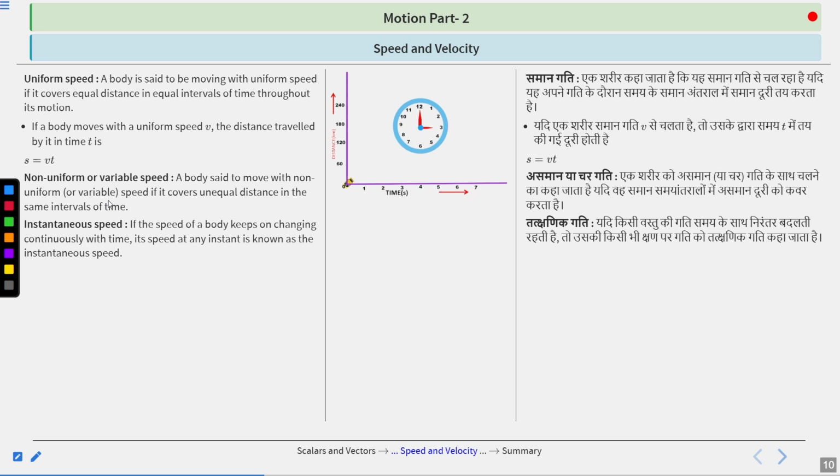For example, when the body started traveling, it was covering 20 meters in 1 minute, then 30 meters in 1 minute, then 50, 60 meters in 1.5 and 2 minutes, and so on. Now its speed keeps on changing with time. So the speed at an instant is known as the instantaneous speed. The speedometer of vehicles measures the instantaneous speed.